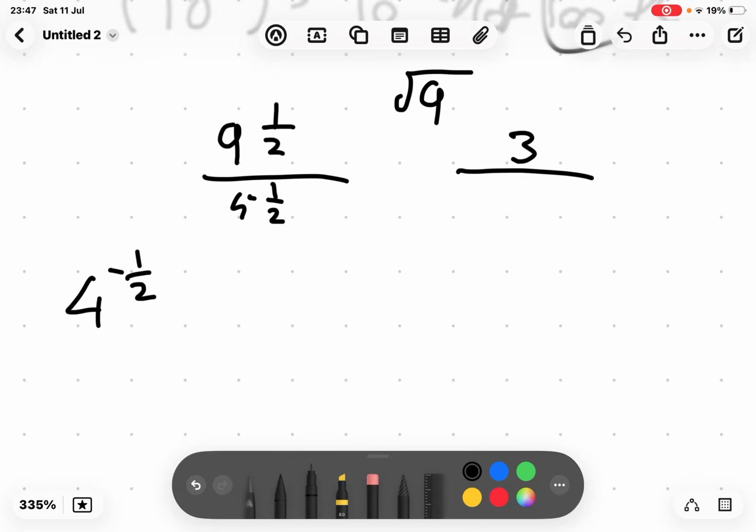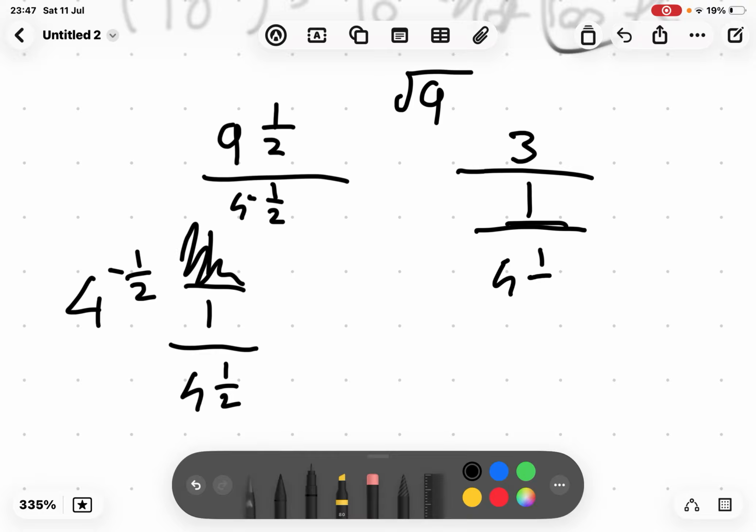That's equal to, basically it's equal to this because it already has a fraction on top. But okay, this is how it looks.